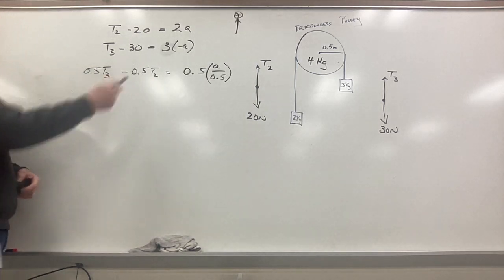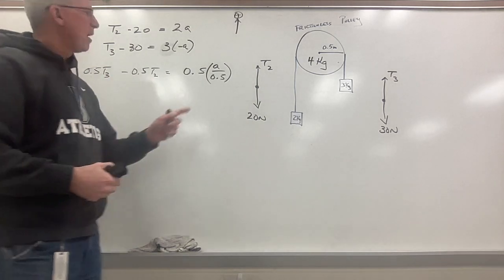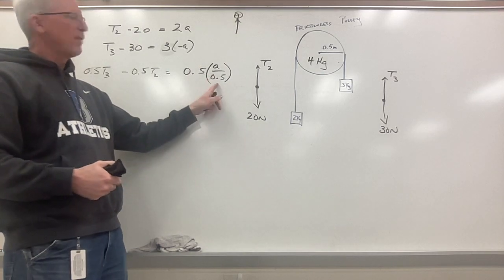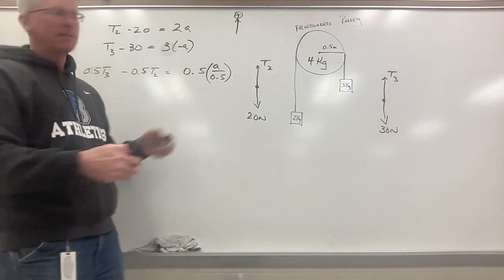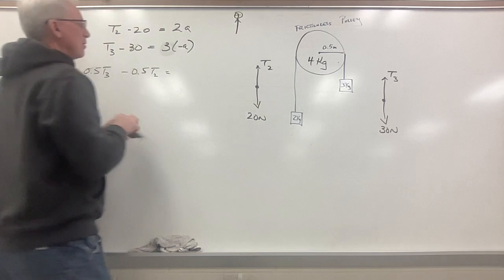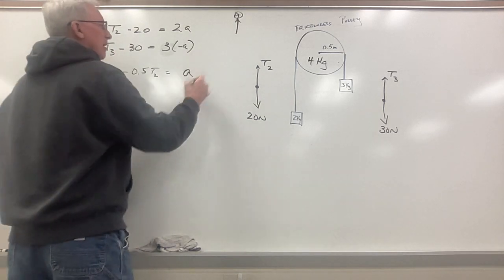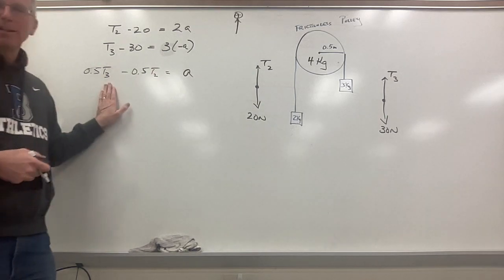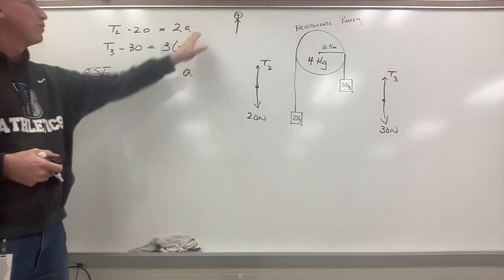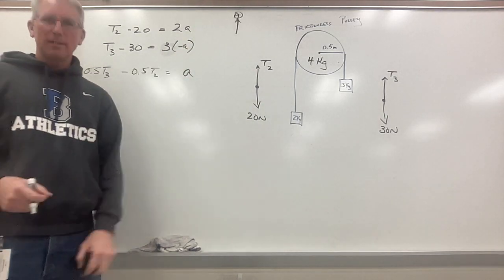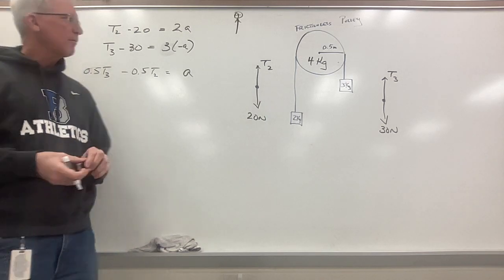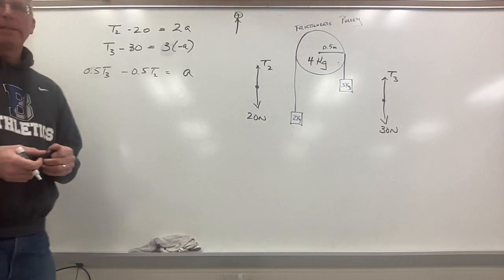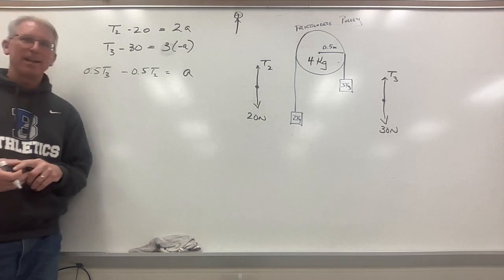Okay, well this is actually pretty easy to solve. 0.5 divided by 0.5 is going to cancel out. So I've got A. And now I have 3 unknowns and 3 equations. This thing is solvable.